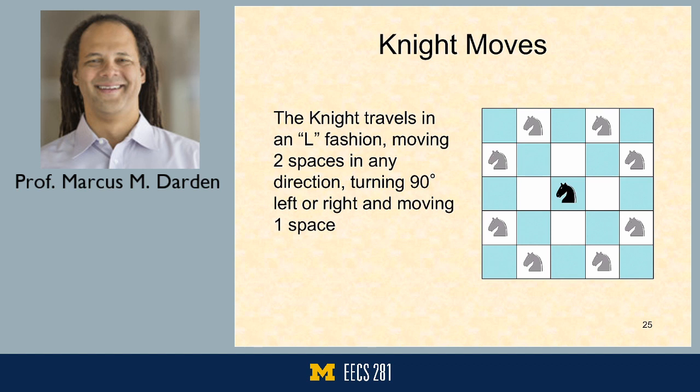So for a brief recap of how chess works, the knight there in the middle, that's that black knight. Knights can move in any direction 2 spaces, and then they can turn left or right and move 90 degrees and then move 1 more space. So these 8 gray shadows are all places that the black knight in the middle can move in 1 move.